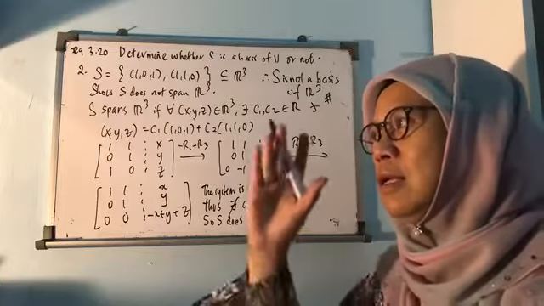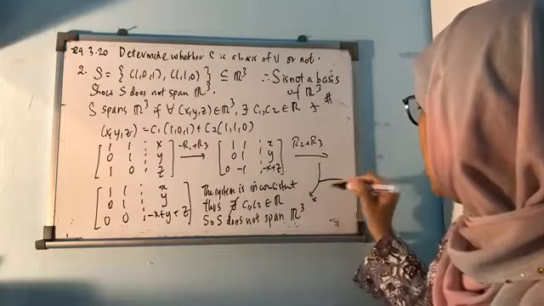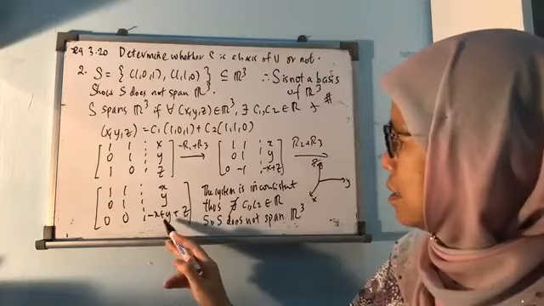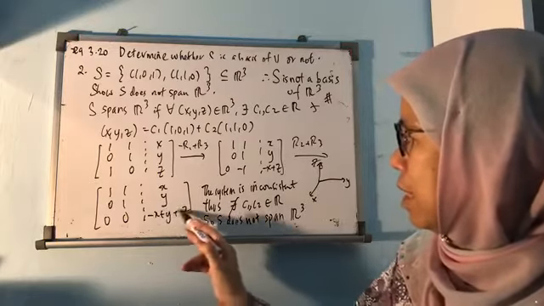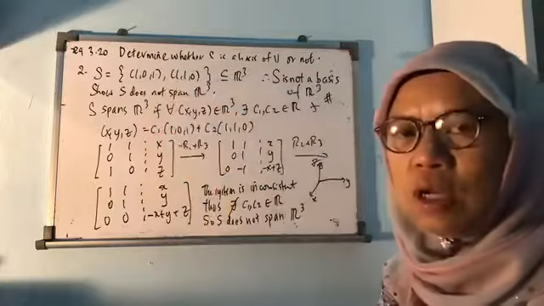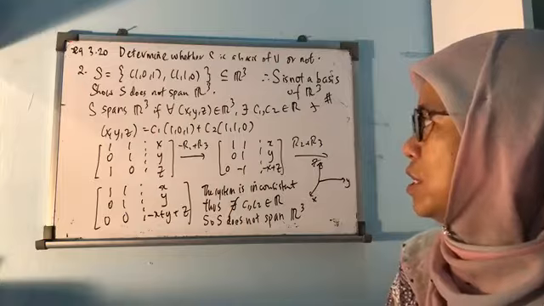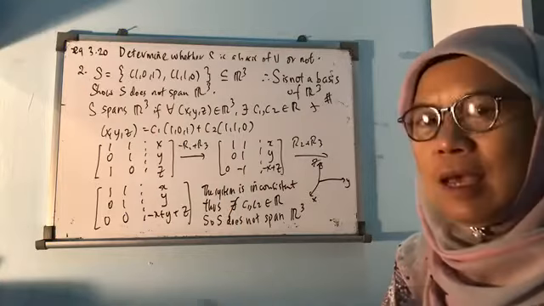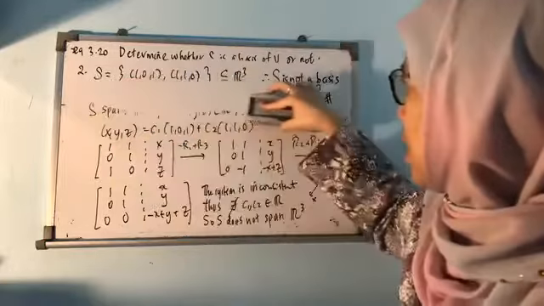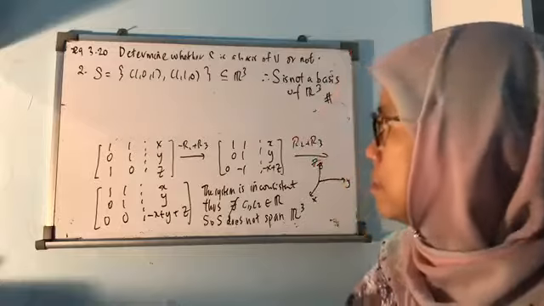You know R3 is like this, right? X, Y, Z. This is a surface, a plane. So since it's only 2 vectors, it only spans a plane. And if the question asks you what is span S, we have done this before.